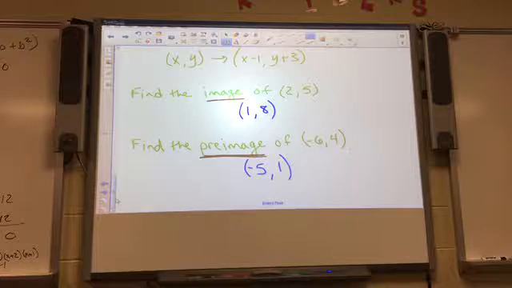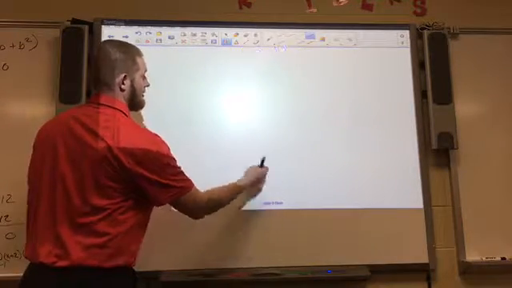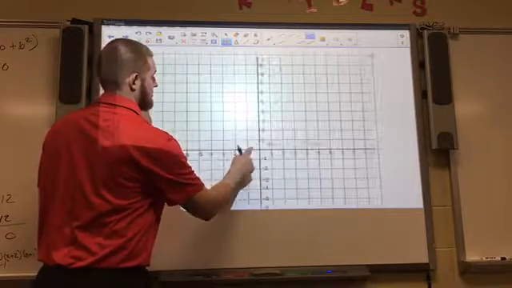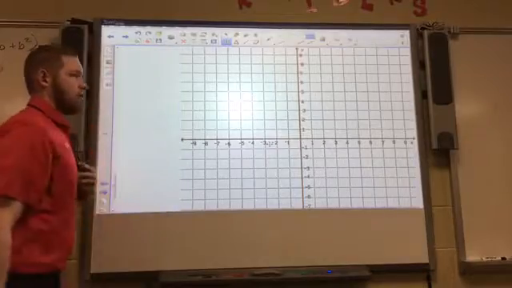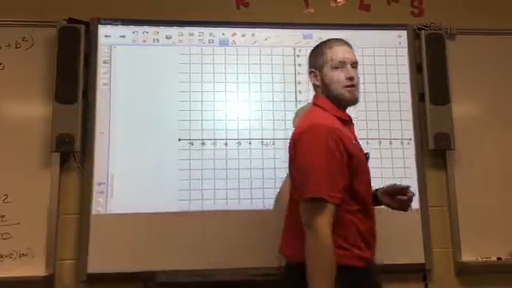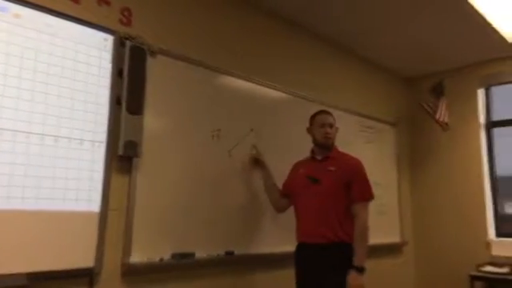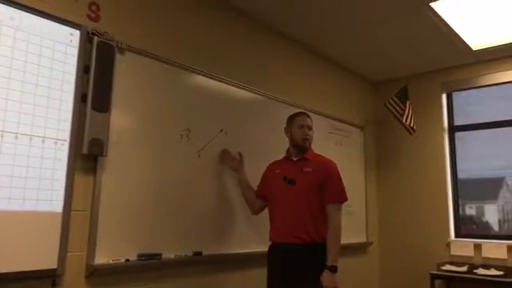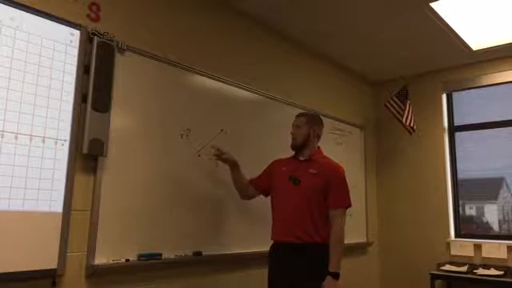Okay? Now the next thing, and really the last thing we really need to talk about, is vectors. First of all, this is a vector over here. It looks like a ray, correct? But it's a vector.